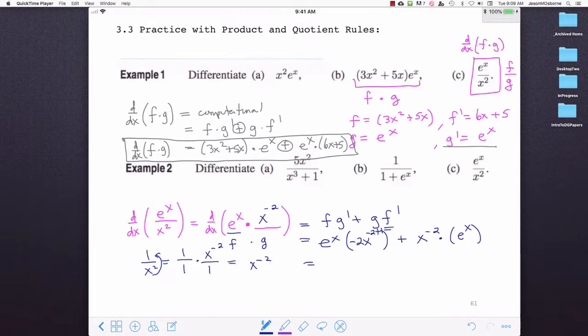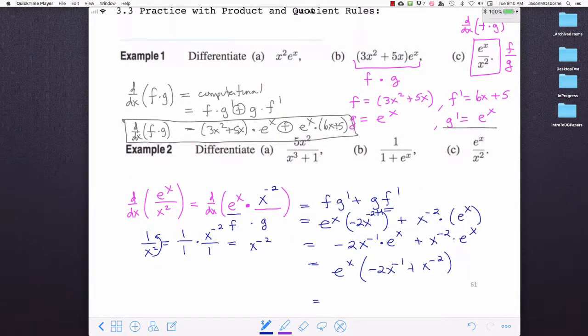So there our answer would be negative 2 x to the negative 1 times e to the x plus x to the negative 2 times e to the x. And you can factor out the e to the x. Okay. And if you wanted, you could put the x to the negative 1 back in the denominator as x to the 1, and x to the negative 2 is the same thing as 1 over x squared.